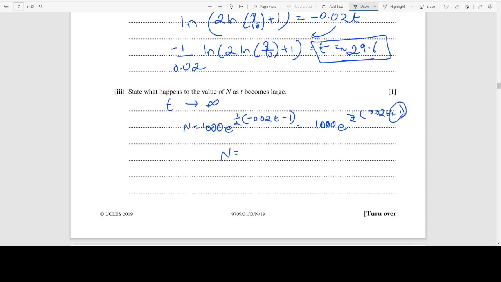So we have N equals 1000 e raised to minus 1 half into infinity.